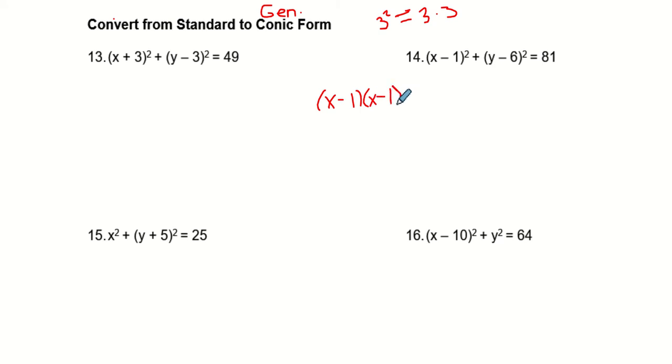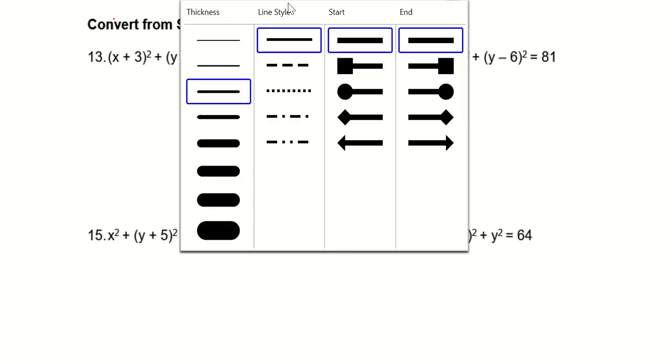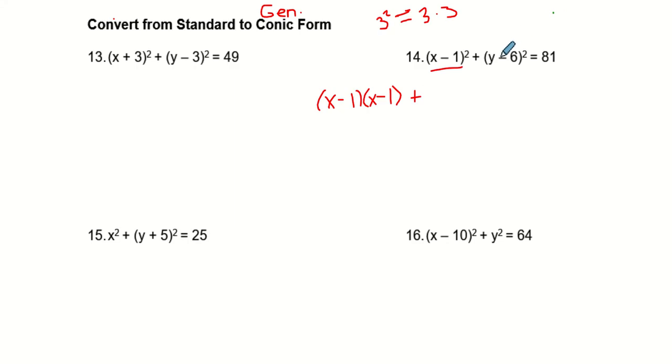So you're going to write it out twice. And then I'm going to change colors here. y minus 6 squared means y minus 6 times y minus 6.